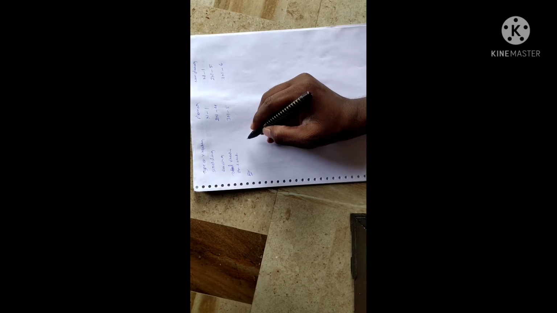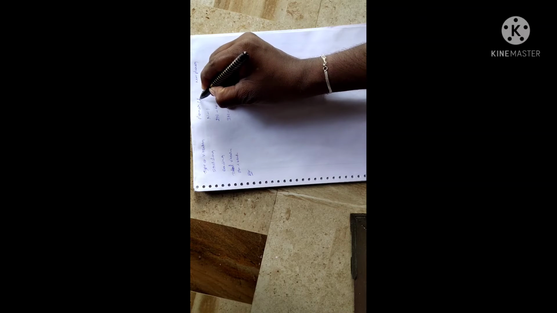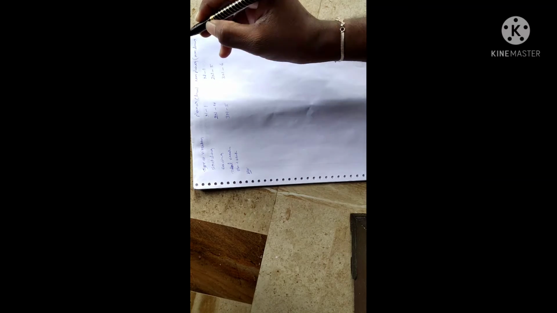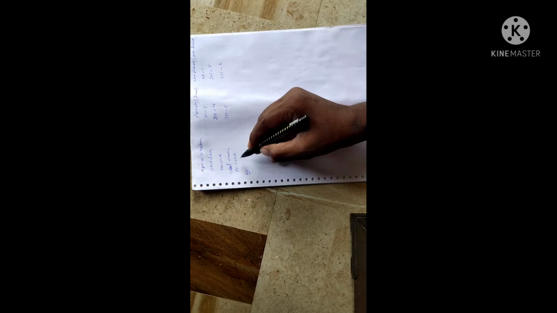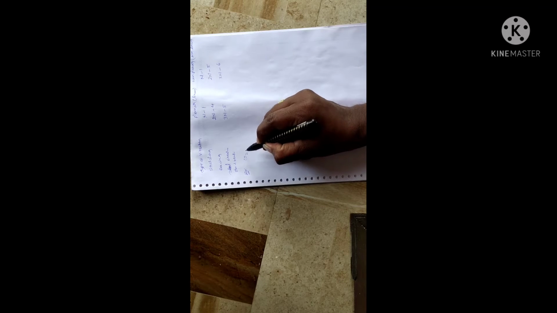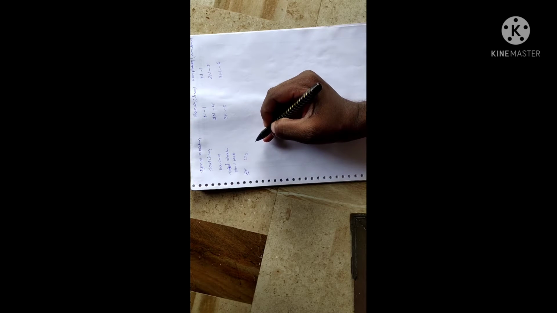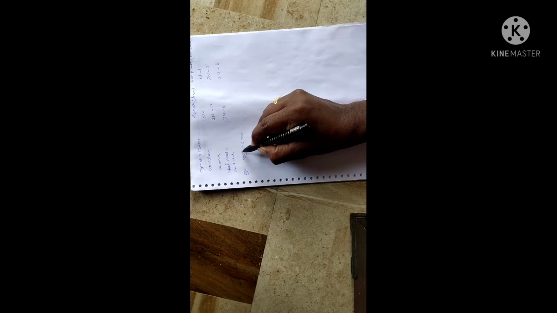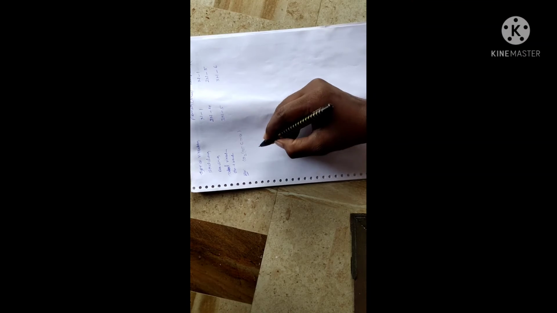Is this a linear or non-linear molecule? Let us consider a linear molecule, CO2. The structure is C double bond O and C double bond O, and this is a linear molecule.